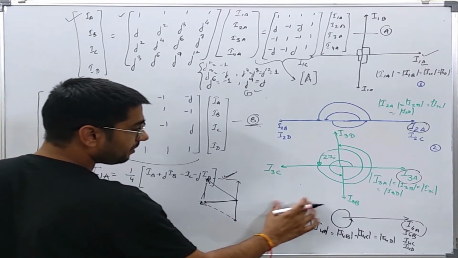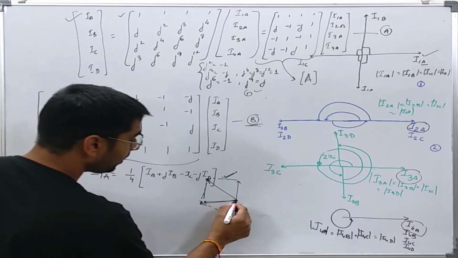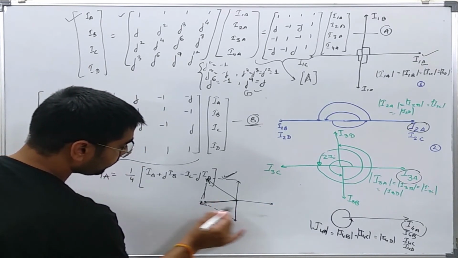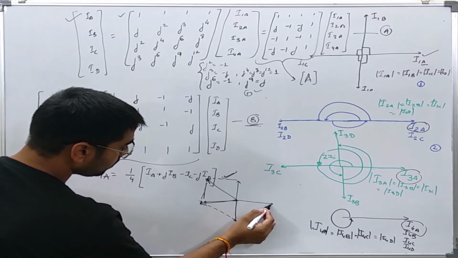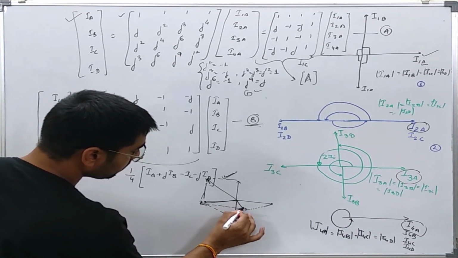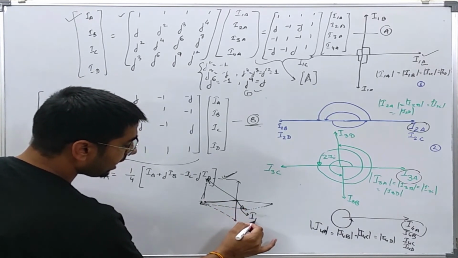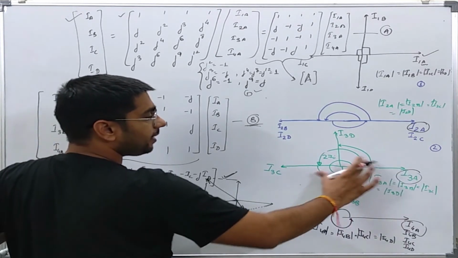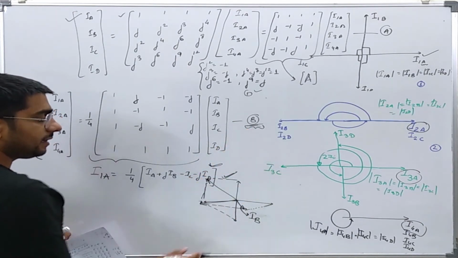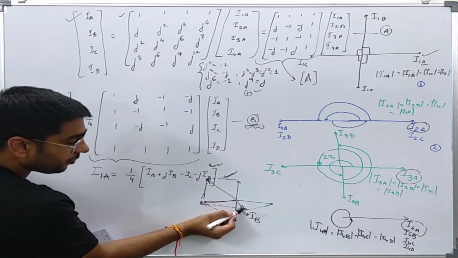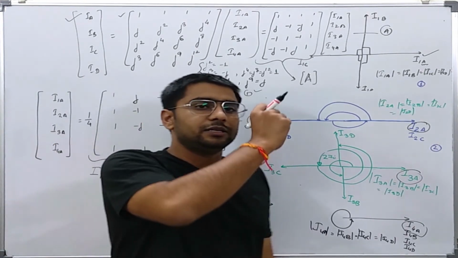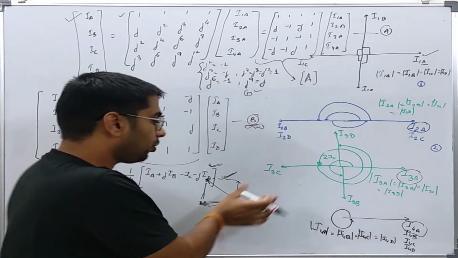Okay, and in this sum I will add I4b. So the sum of these phasors will give me the phasor IB. If these phasors were drawn using these equations, that is equation number B, then the formation of the actual phasor would give me the right phasor pictorially also.